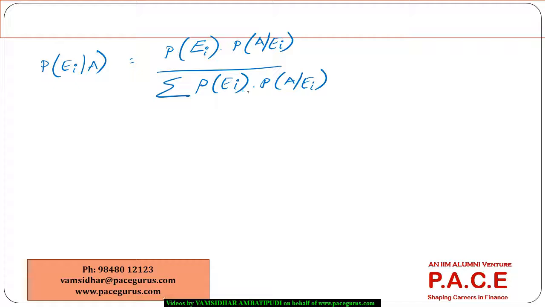For all the i's, I'll sum them, multiply and sum it up. And this is what we are simply calling the Bayes theorem.